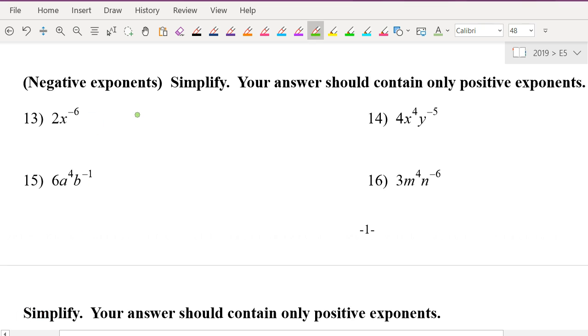So how you would solve it is you would move the x to the denominator and have the 2 stay in the numerator. Okay, so the answer is 2 over x. Yes. And make sure you don't leave it negative in the denominator. After it moves, it becomes positive.